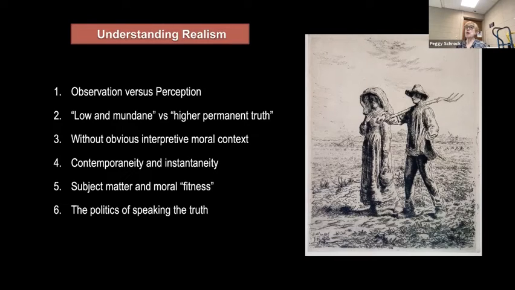Even landscape was supposed to elevate the human soul. It was a place you went. There was something elevated about it. But there's nothing elevated about that image of a couple of peasants walking through the field. They begin depicting people and places that were considered low and mundane.